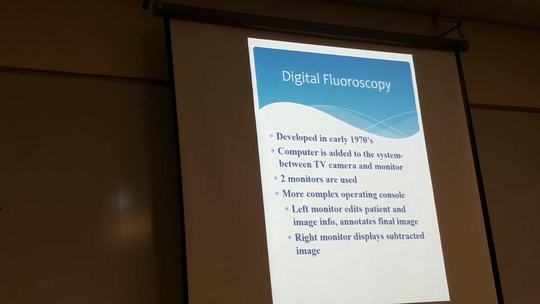Yes, late 80s, early 90s that it became more prevalent. And so, but fluoroscopy and again, all the other imaging modalities, all they did was add a computer to the system. So they replaced the TV camera with the CCD, put a computer in there, and that made it digital. So now instead of looking at a TV monitor, we're looking at a computer monitor.